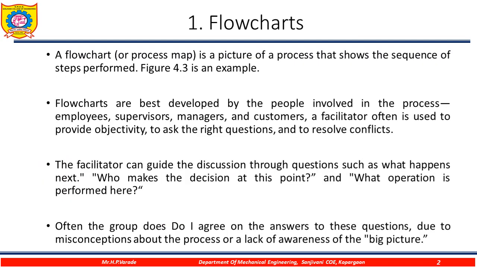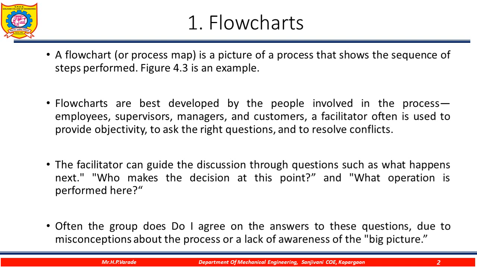A flowchart or a process map is a picture of the process that shows the sequence of the steps performed. I have put some figures that will be examples of flowcharts. Flowcharts are best developed by the people involved in the process, that is employees, supervisors, managers, and customers.